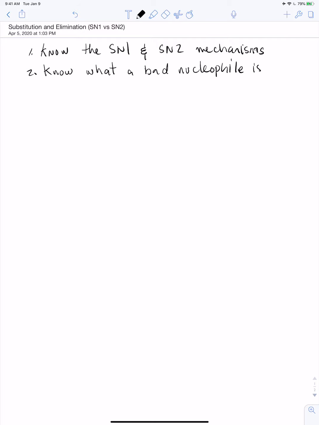And then three, is there anything else? Three, I would try and understand the role of strong acid. This one's less important, but still you need to know it.